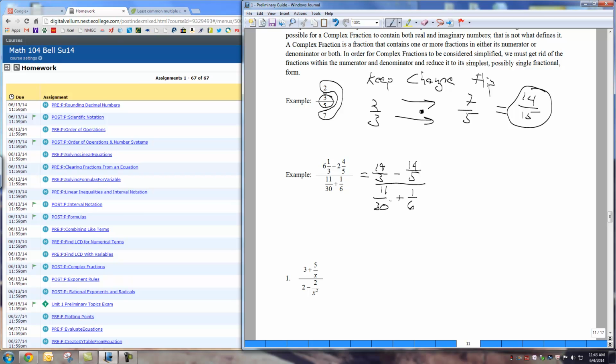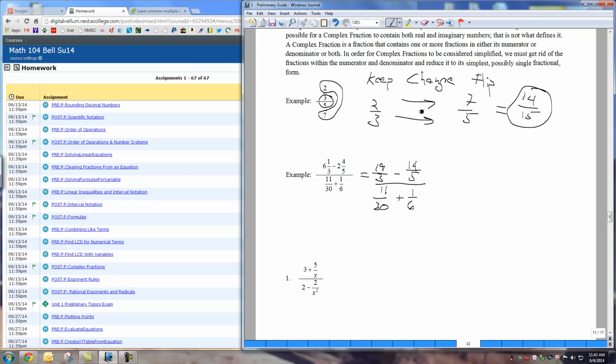And even if you can't identify the least common multiple, you can always just multiply them together and get a common multiple. You'll probably have to do some reduction at the end, but you'll never be wrong as far as finding a common multiple. Even down here, if you just multiply 30 times 6, you get 180. That is not the least common multiple, but it will still work. Okay?